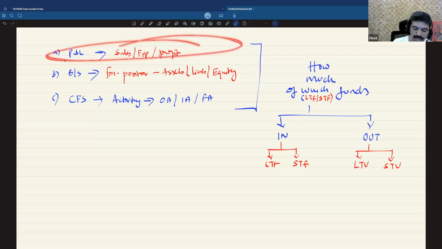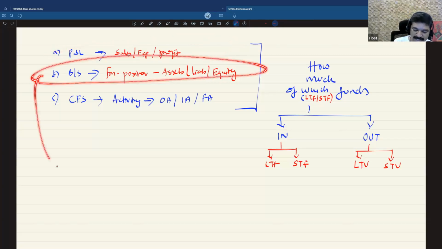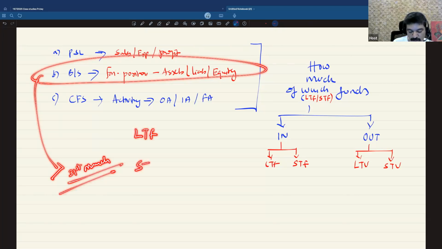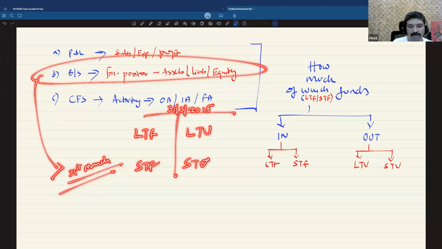P&L will not talk about that. Balance sheet will give you only a snapshot as on 31st March. Maybe by looking at the balance sheet, you may be able to identify what are the long-term funds, what are the short-term funds, and what are the long-term uses and short-term uses. But the problematic part is that this is only as at 31st March 2025.